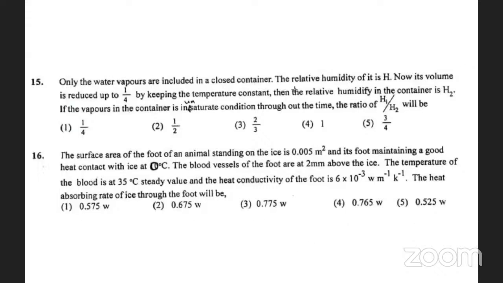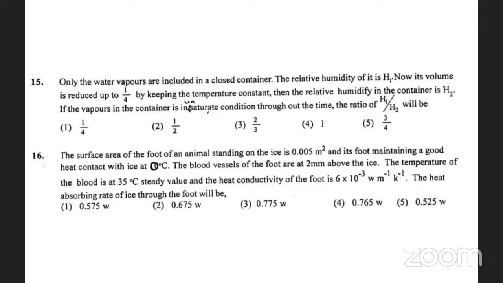Only water vapor is included in a closed container. The relative humidity of it is H. Now its volume is reduced to one fourth by keeping the temperature constant. Then the relative humidity of the container is H2. I think this one is H1. This one has to be H1, because they are asking for H1 over H2.